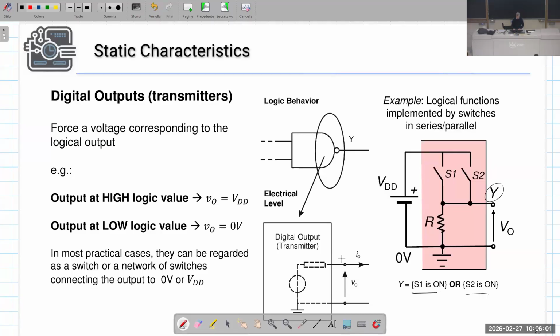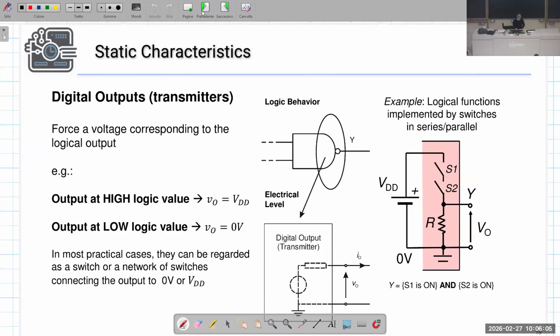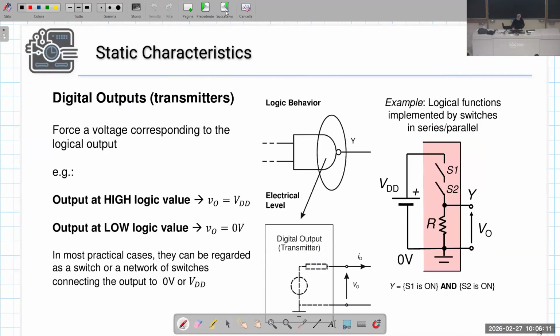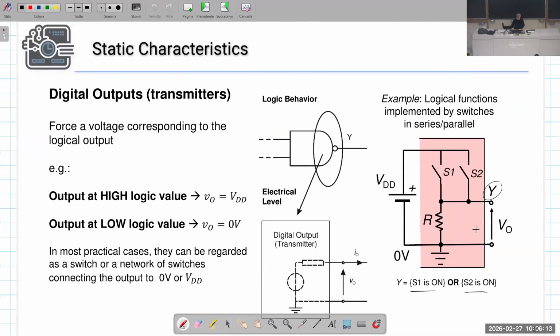From the electrical point of view, all these cases which I have mentioned, starting from the first one, the two switches, or this one, or this one, they all fall in this category. The digital output is a voltage source that forces the output to a high value, that in this example is VDD.